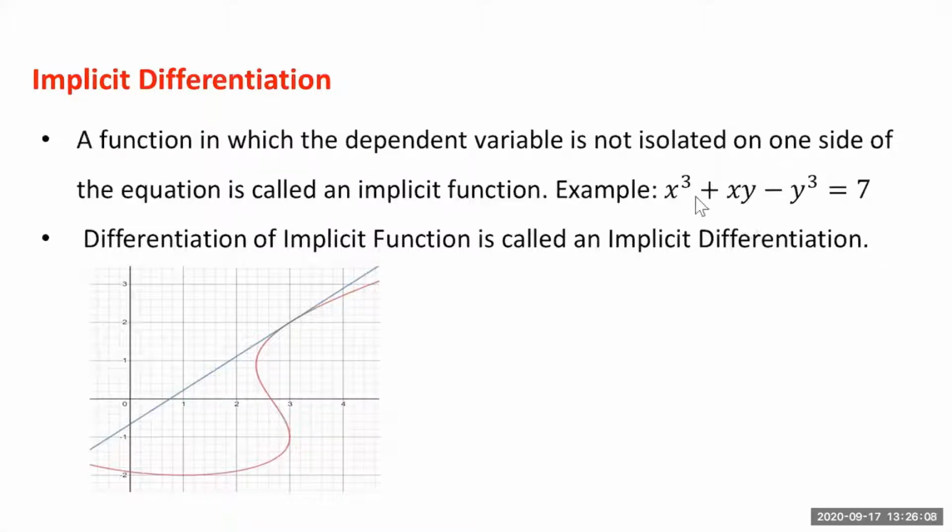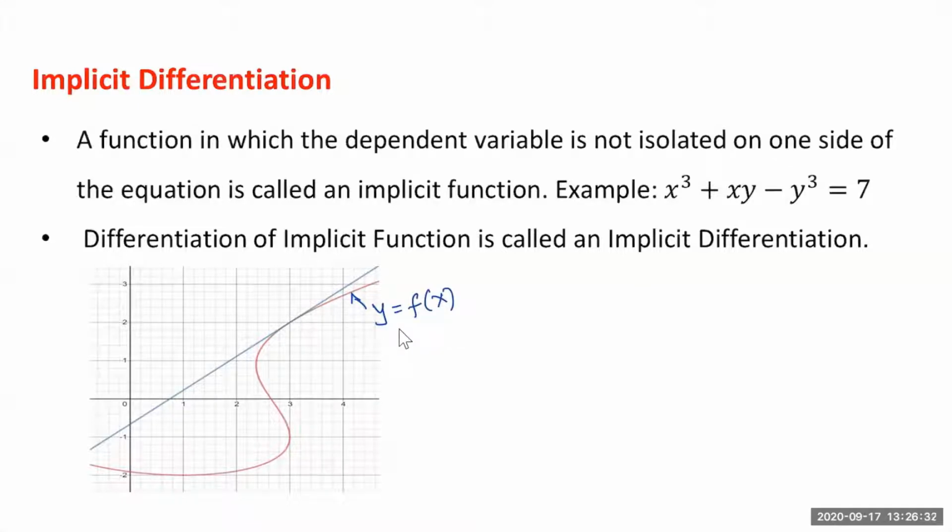And in order to find the derivative of an implicit function, we use a special technique called implicit differentiation. Here we have the example. Suppose you look at the graph here. We might think that this is y equal to f of x, where you can separate y.